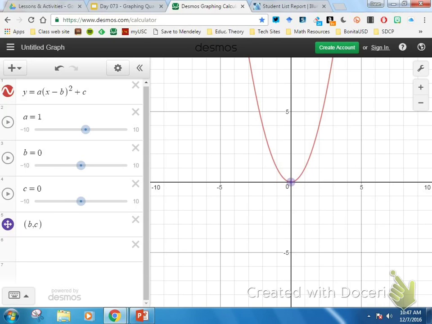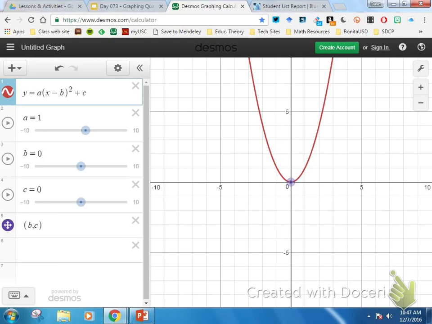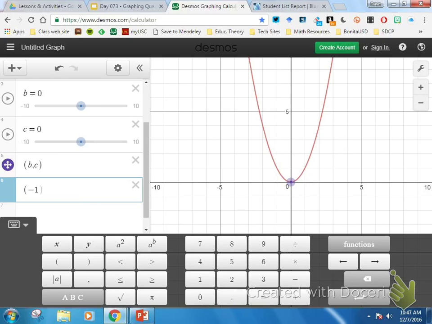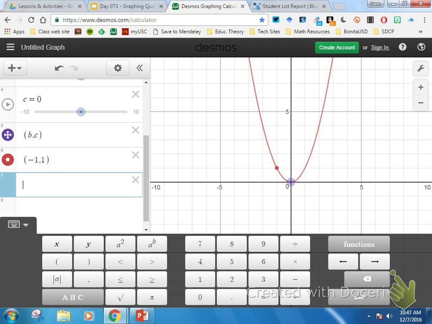So for example, this could be a point here. Like I'm going to set some points up here, like -1, 1 is a point. I wonder if we could do that. B plus 1, C plus 1. Hey, that works. Oh, that's so awesome.